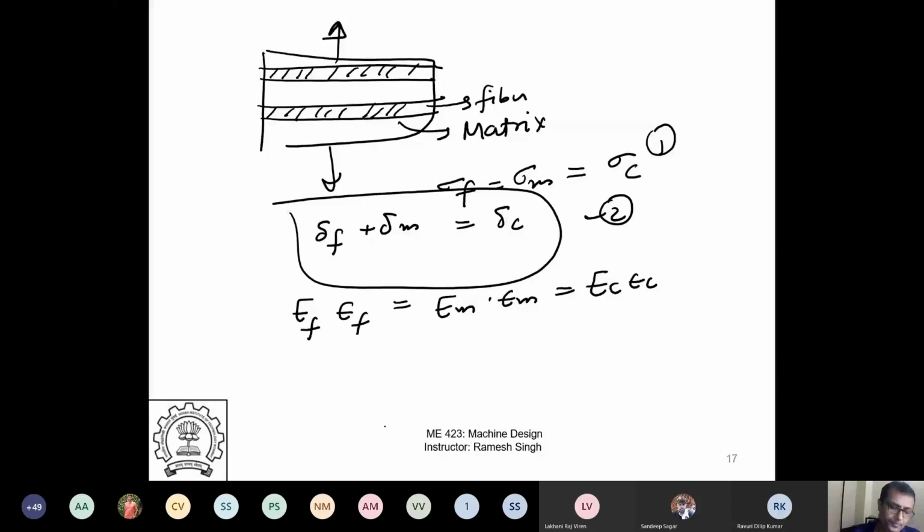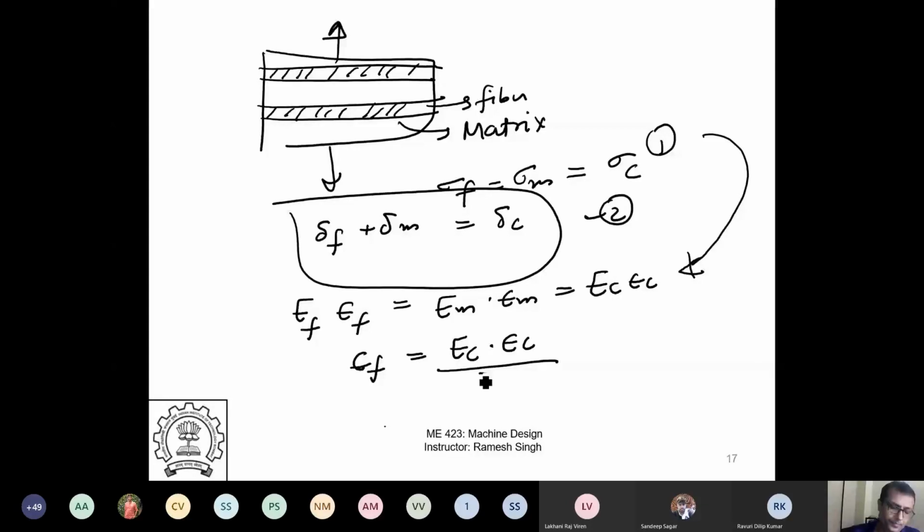So what I can do is equate from here that if I want to find out what will be epsilon F, it will be equal to EC times epsilon C divided by EF.